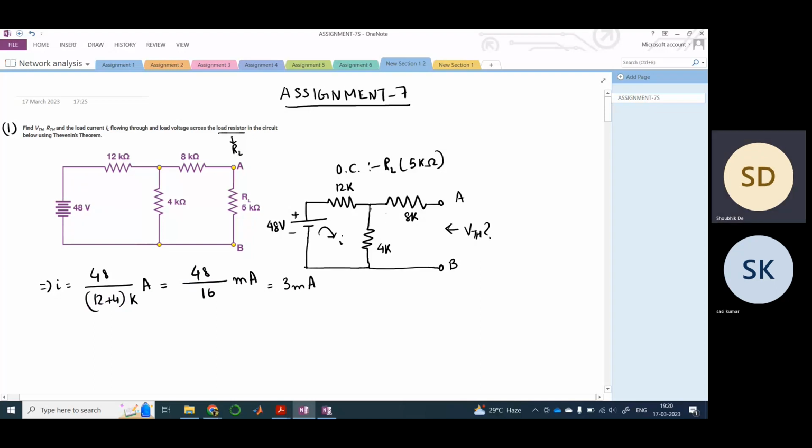And what would be VTH? It is pretty simple. Since there is no current flowing through 8K, terminal A would be exactly this terminal, and terminal B would be this terminal. Therefore VAB would be nothing but the voltage drop across the 4 kilo ohm resistor, which is 4K into I, which is 4K into 3 milliampere, sorry.